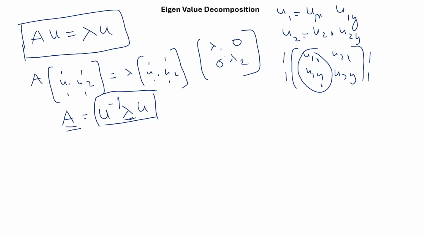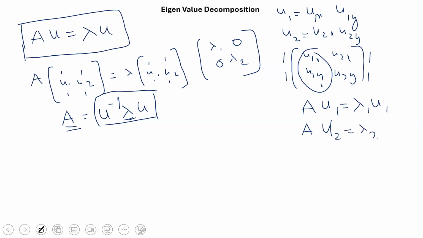The reason is simple. If u1 is eigenvector 1 of A, then A into u1 is equal to lambda 1 u1. A into u2 is equal to lambda 2 into u2. Let's take this example and see how it looks.